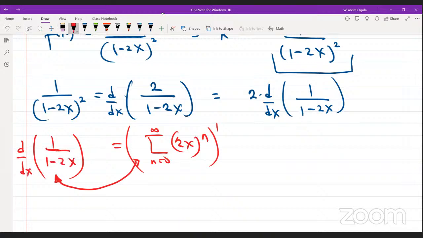Now you can see that right now the d/dx can go in.